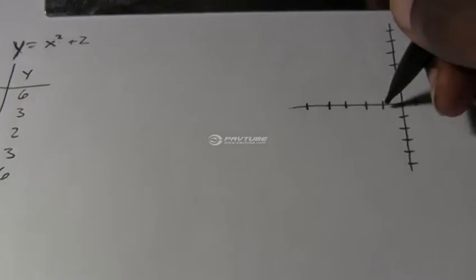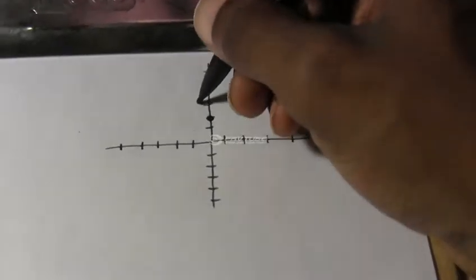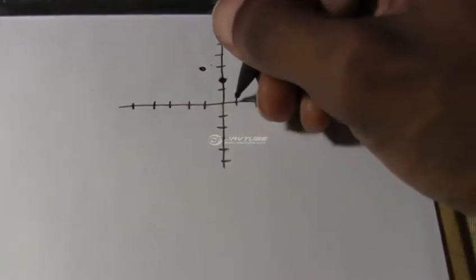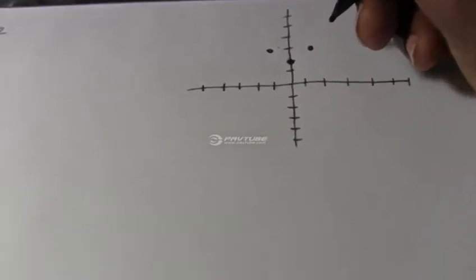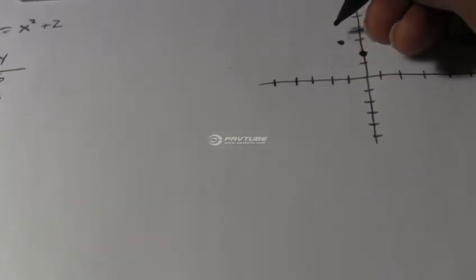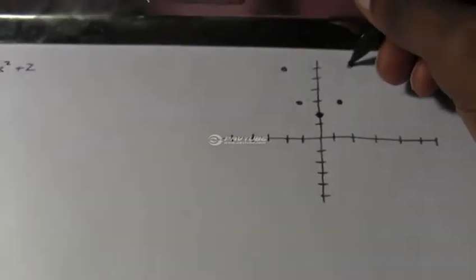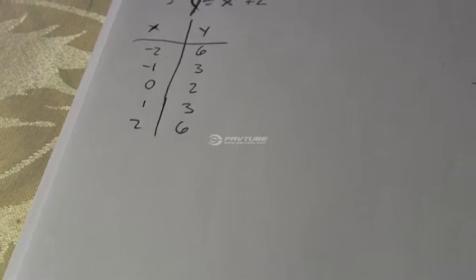So now -1 is 3. 1 is 3. Right? -2 is 6. 2 and 6. Right? Makes sense?